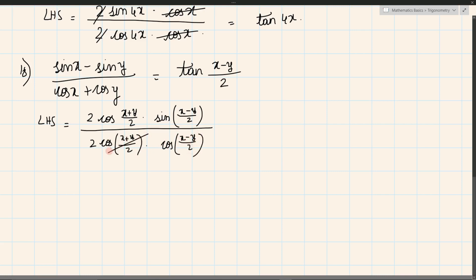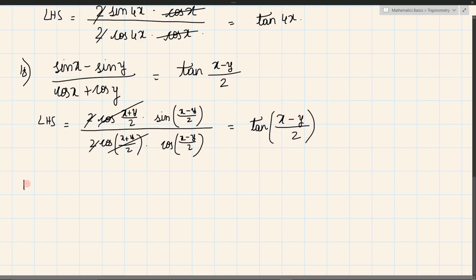Again these two terms are cancelled. 2 and 2 are also cancelled. The remaining is sine by cos, which is tan of (x minus y) divided by 2.